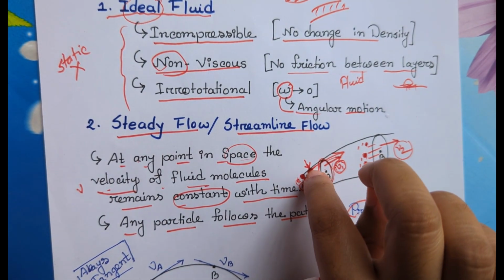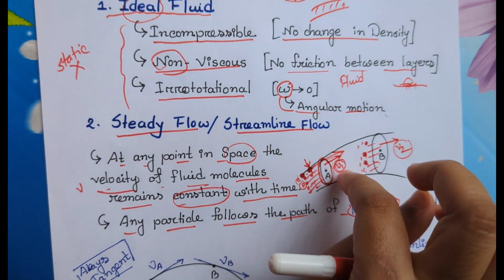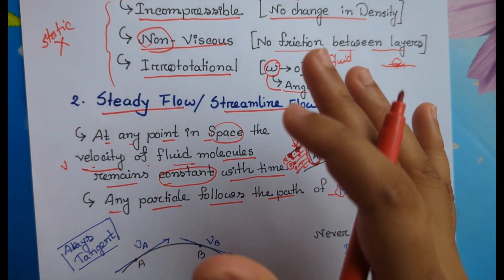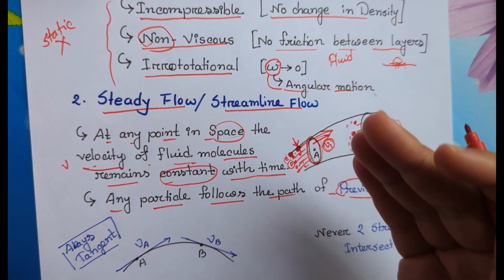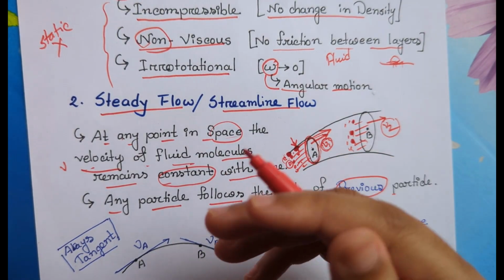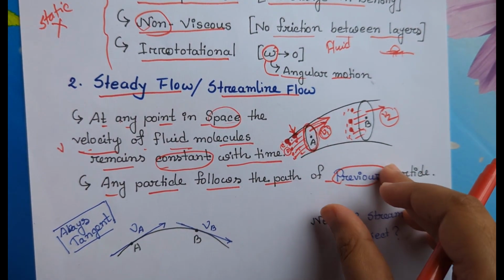So when the first particle moves this way, the second particle also moves this way with the same velocity. Steady flow means these things. In fluid dynamics, the fluid must be an ideal fluid and the flow must be steady flow or streamline flow. These two things are the basic conditions in fluid dynamics.